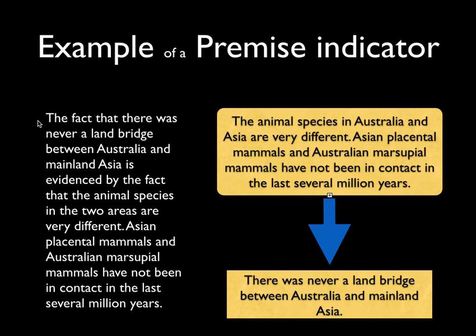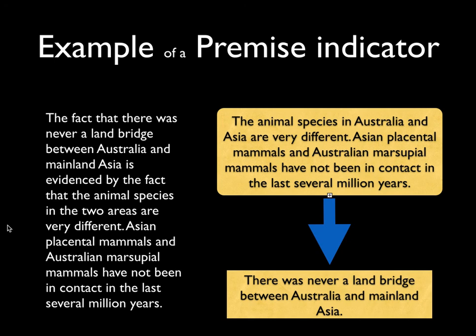There was never a land bridge between Australia and mainland Asia. The animal species in the two areas are very different. Asian placental mammals and Australian marsupial mammals have not been in contact in the last several million years. Notice that it now becomes a lot more difficult to determine what the argument is.